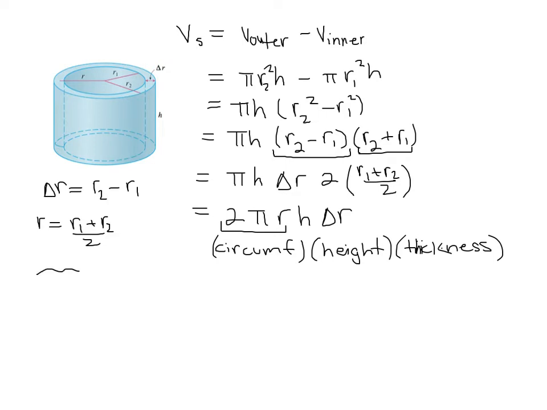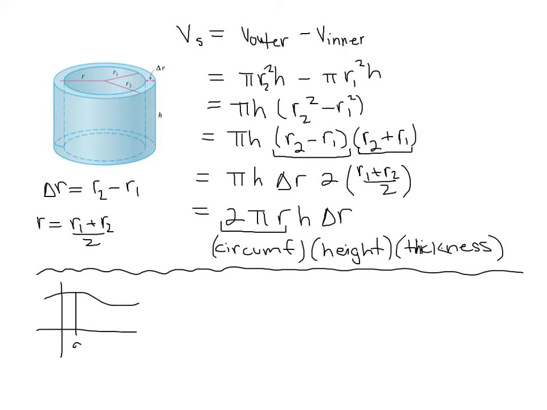Now if we return to our example for a curve between a and b that we're rotating about the y-axis, let x sub i star be somewhere in the interval from x sub i minus 1 to x sub i. The volume of the ith shell will equal 2 pi. In this case, r is the distance from the axis of rotation to where you make your slice, which is x.